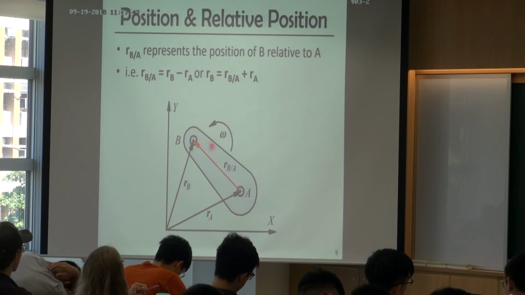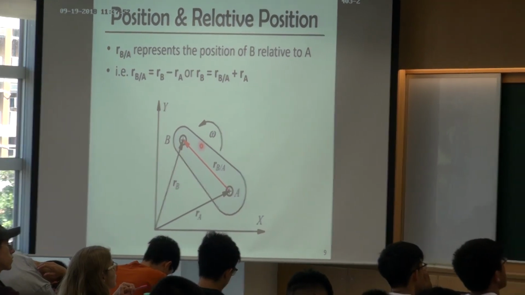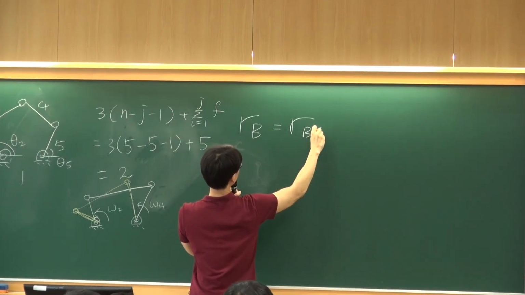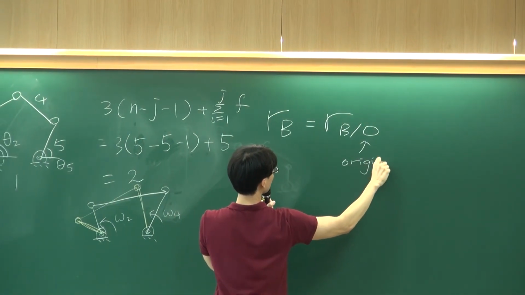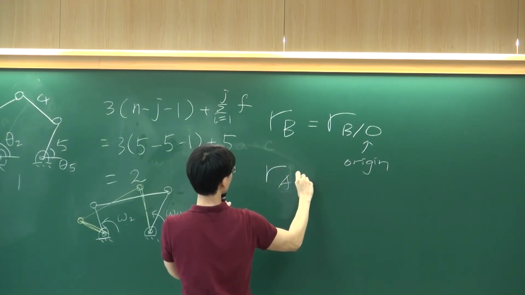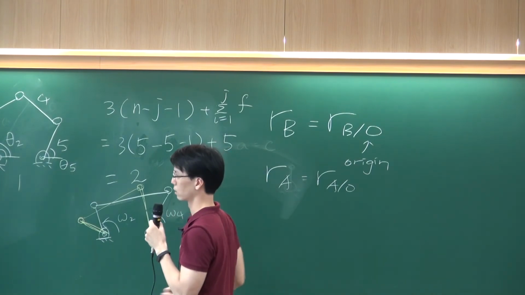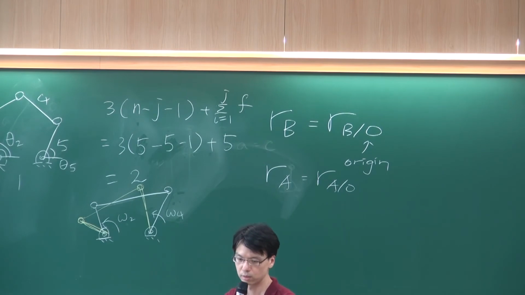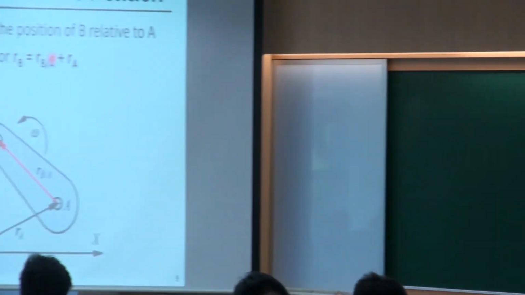Any question about this one? And actually RB/A, you can also call it RB/O, where O is the origin. In the following content, we are going to use this RB/A, or R something slash something, a lot.